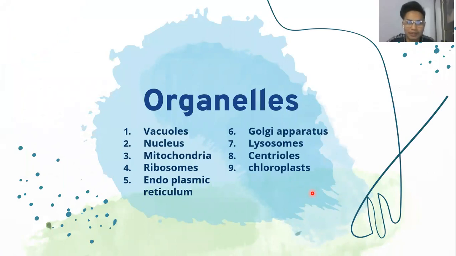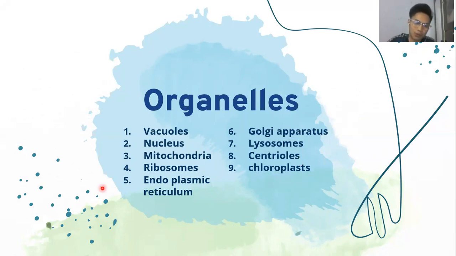So next is about organelles. We have nine organelles here: vacuoles, nucleus, mitochondria, ribosome, endoplasmic reticulum, Golgi apparatus, lysosome, centriole, and chloroplast.